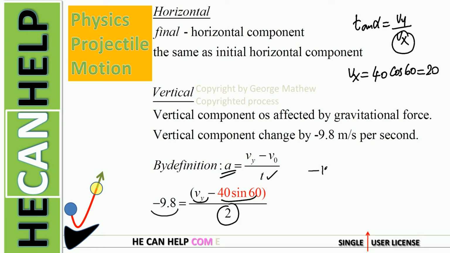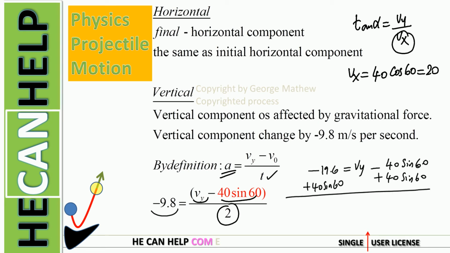You get negative 19.6 equals Vy minus 40 sine 60. Add 40 sine 60 to both sides, and we get Vy equal to 15.04.